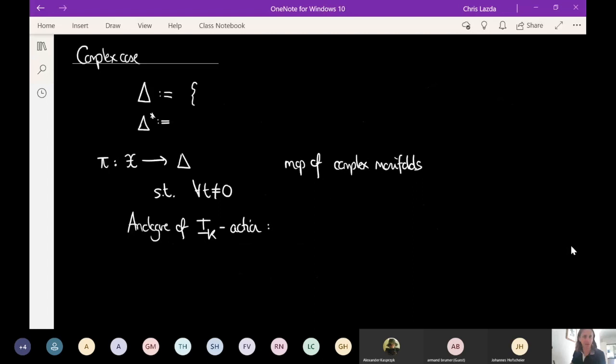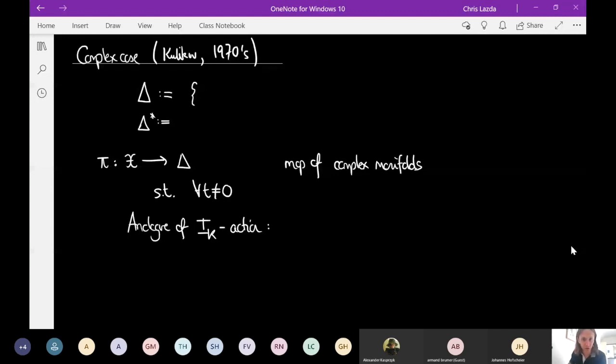And maybe just a helpful analogy, I just want to say a little bit about what was known in the complex case, which was done by Viktor Kulikov in the 1970s. So in this setup, rather than taking our base to be a discrete valuation field, we take our base to be the punctured complex unit disk.